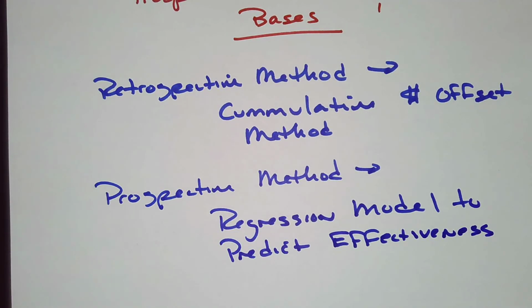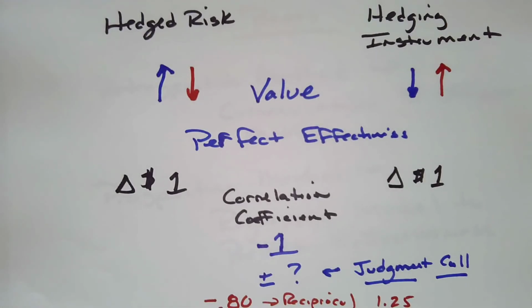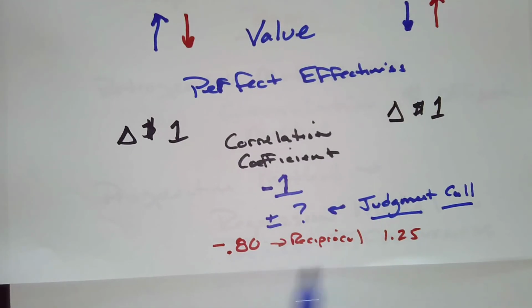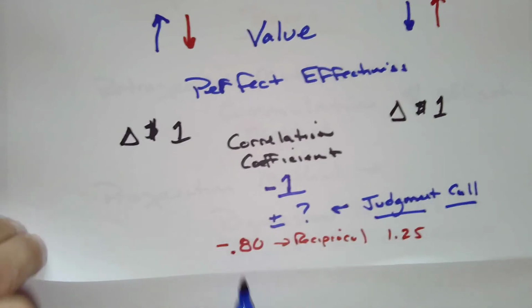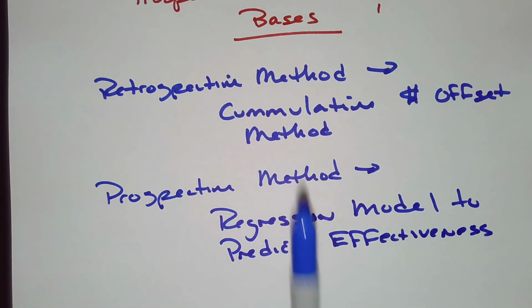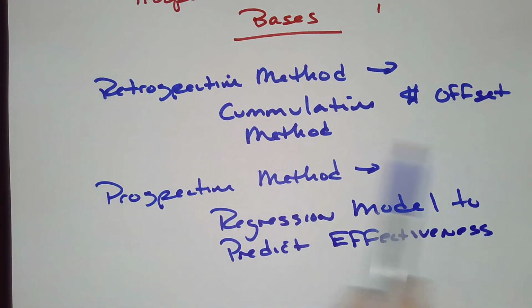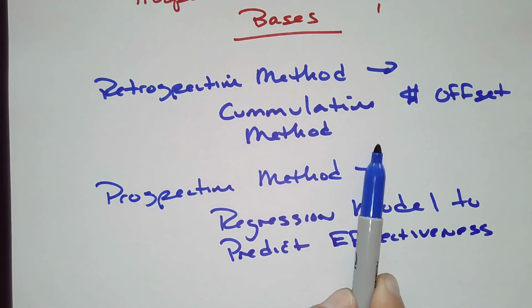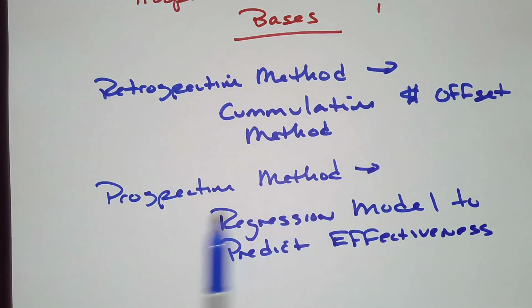So, in my judgment call, if the cumulative dollar offset method is at 0.75 or 0.6 or 0.5, well, I can still look to my prospective method, and maybe there's some evidence there that, yeah, it may not have worked this past period using the retrospective method, but prospectively it still looks like it's going to work.